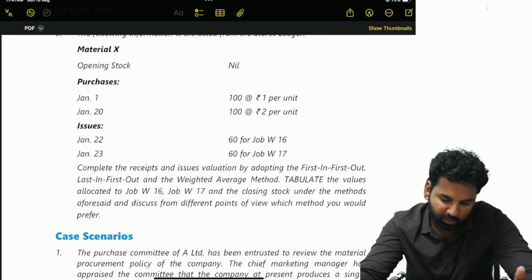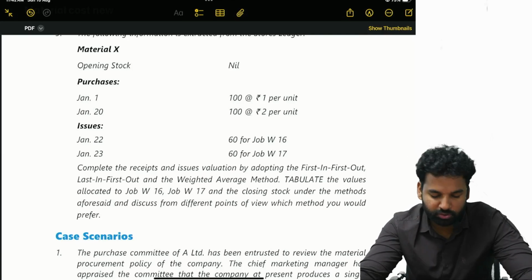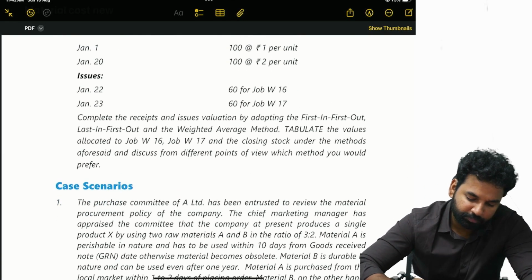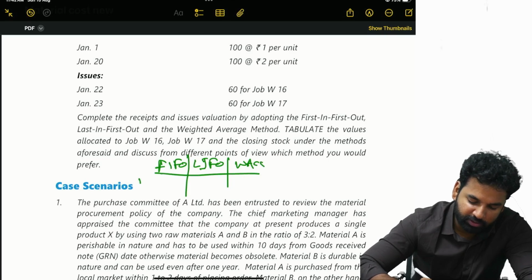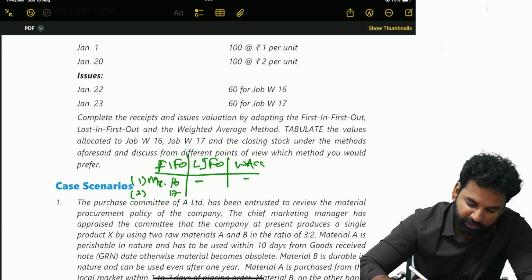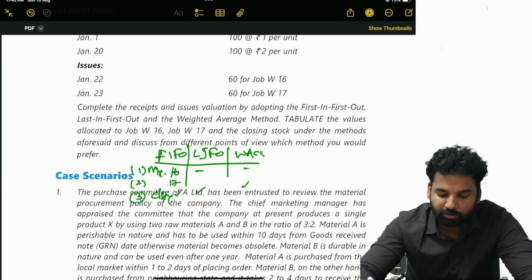And the closing stock under the methods is also asked. So first they are asking for material cost under FIFO, LIFO and weighted average. Next, material cost for job 16 and job 17. Third, closing stock under FIFO, LIFO and weighted average. This is the answer we have to give.